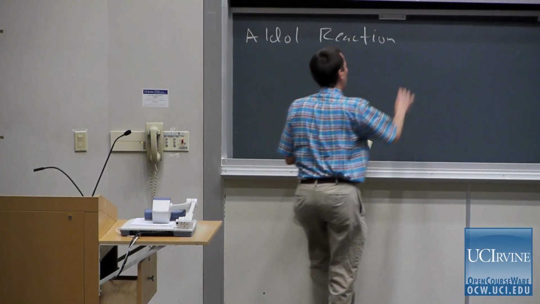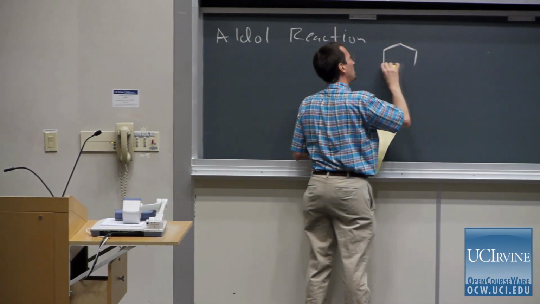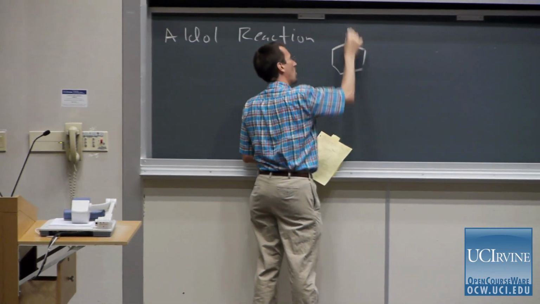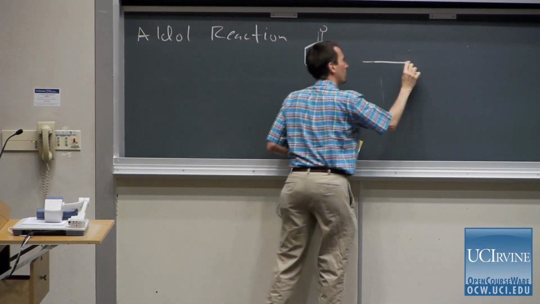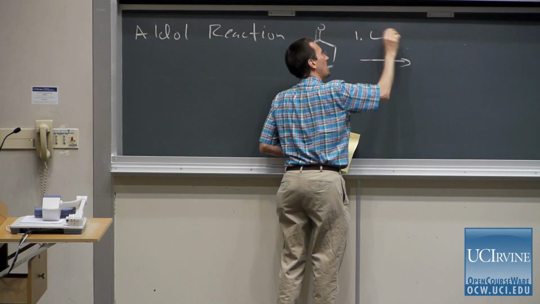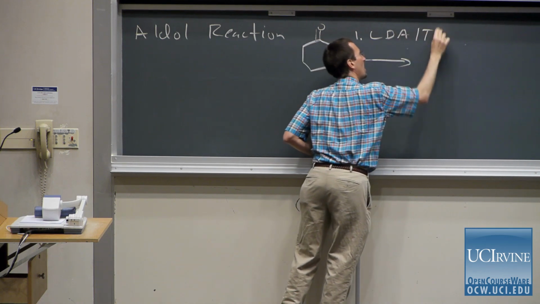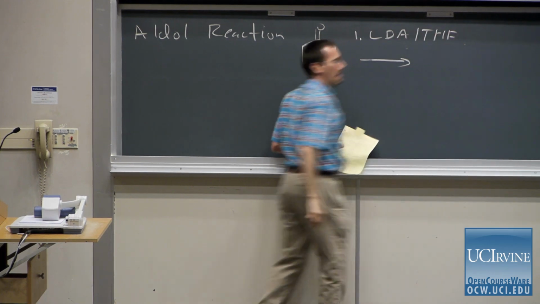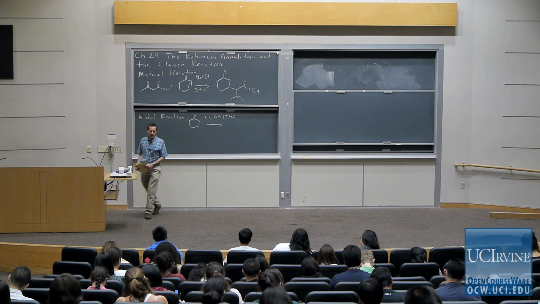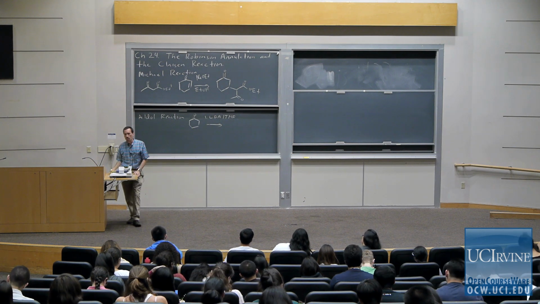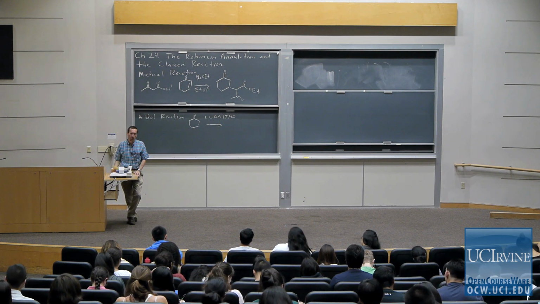The example that I gave was cyclohexanone, and we treat it with LDA in THF. LDA is a very strong base. The conjugate acid, diisopropylamine, has a pKa of 40.